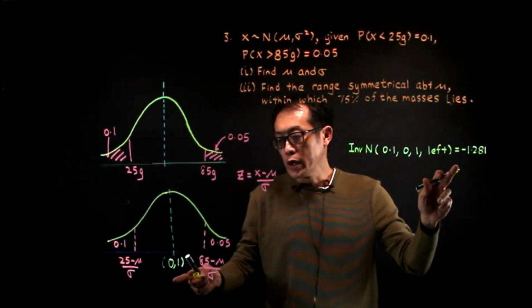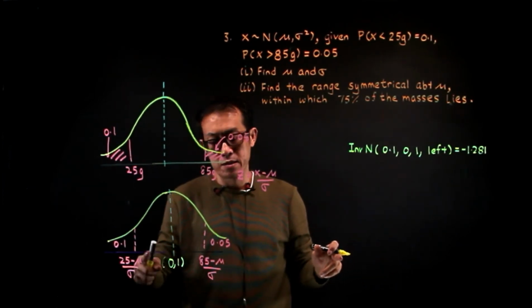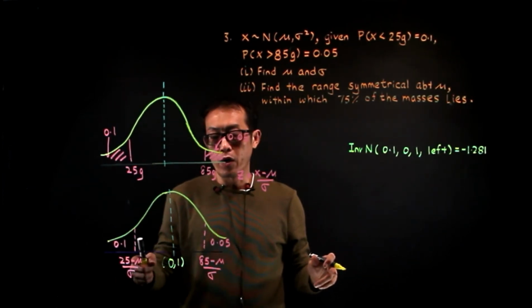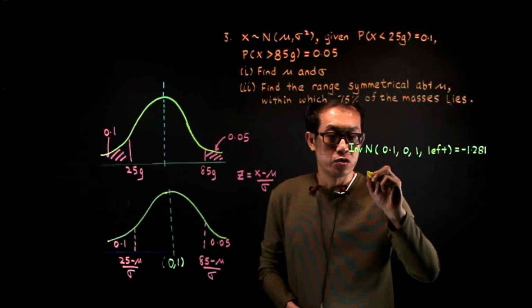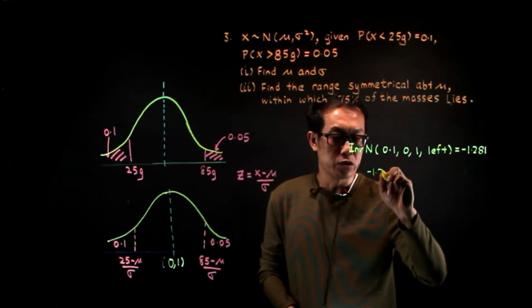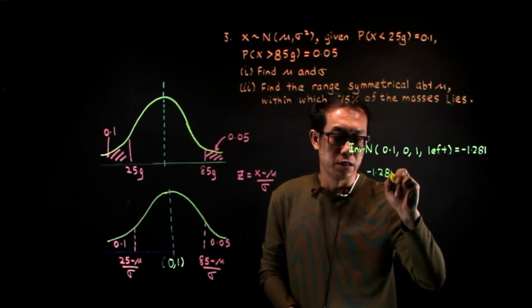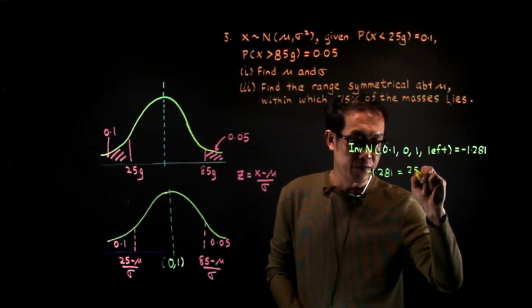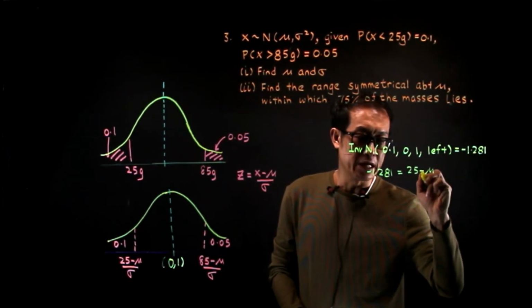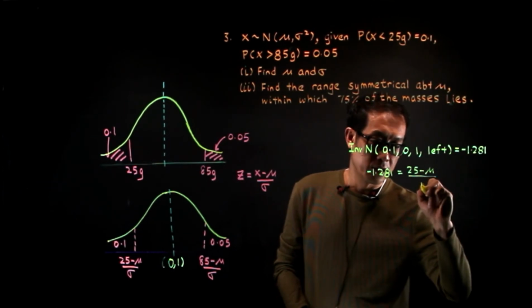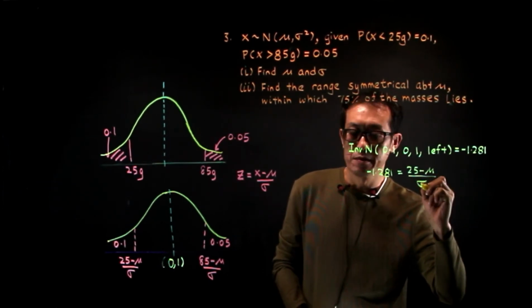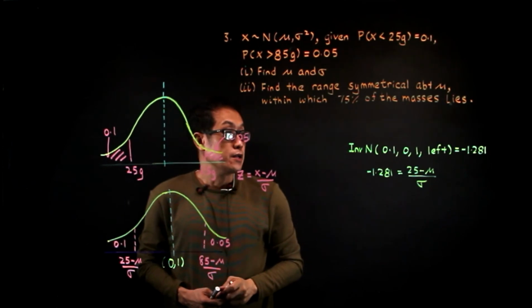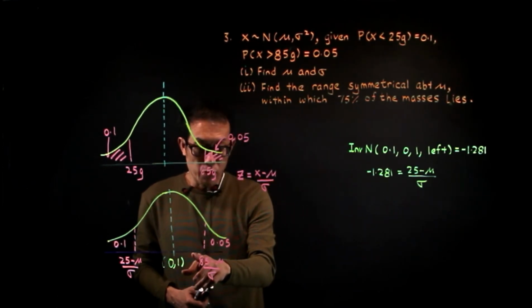Now 1.281 corresponds to this particular point on the standard normal graph. So you get minus 1.281 equals 25 minus the mean over the standard deviation. Okay. Now the next thing we need to do, likewise, for this point.